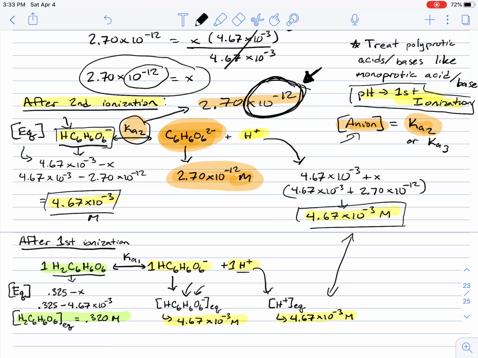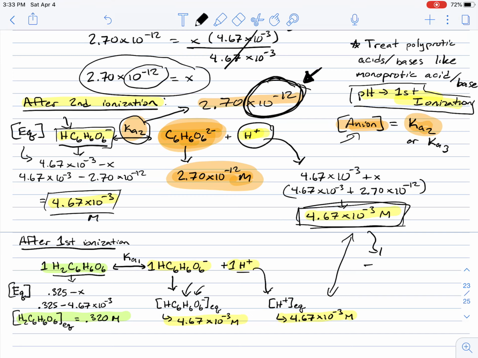Okay. So before I stop this video, let's go ahead and determine the actual pH of the solution. And so after the second ionization, notice that we have 4.67 times 10 to the negative 3 molar of H+. And so we're simply going to plug that into our calculator.